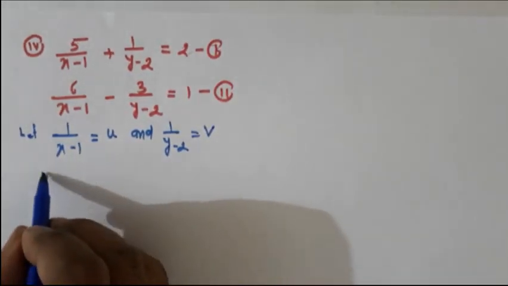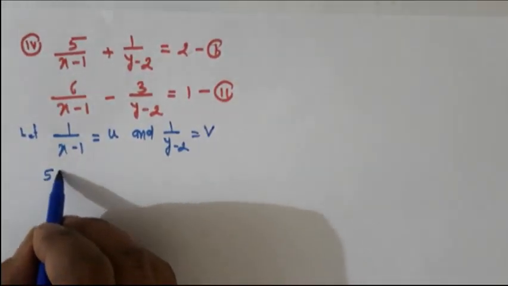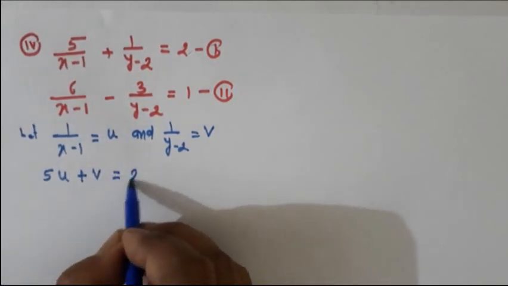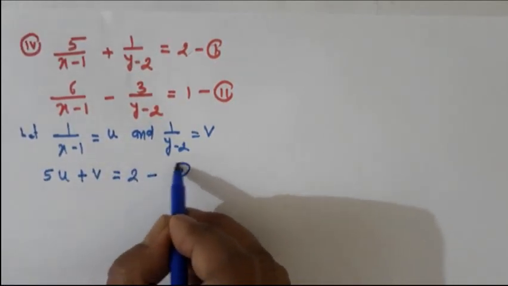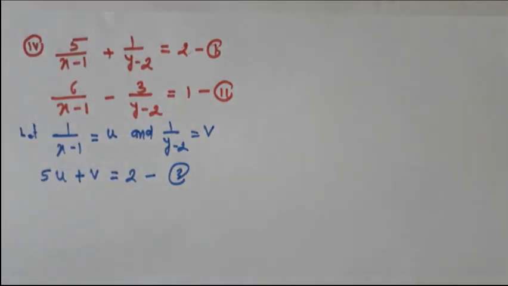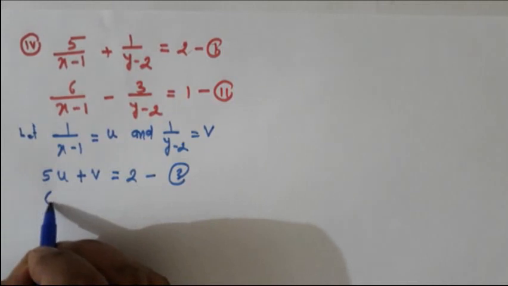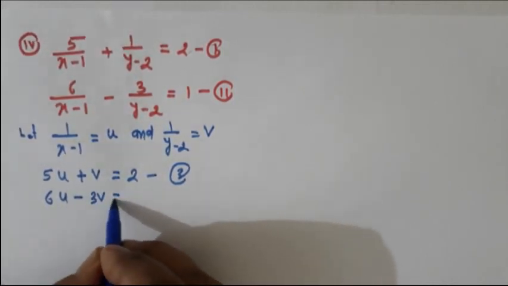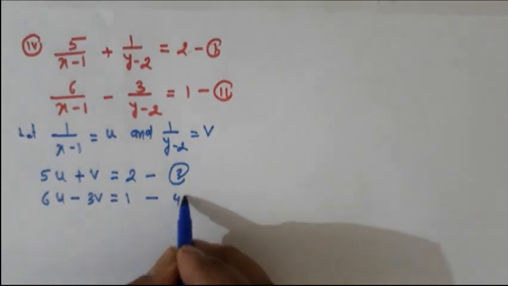So the first equation will be reduced to 5u plus v is equal to 2. Let this be equation number 3. The second equation will be 6u minus 3v is equal to 1. This is equation number 4.